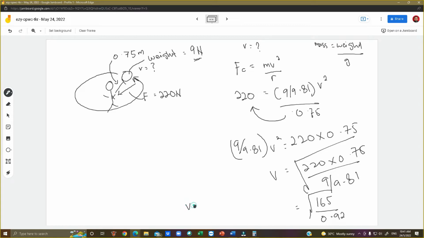Yes, that is correct. 13.4 meter per second. Ni penggunaan dia lah. Salah satu penggunaan dia. Okay.